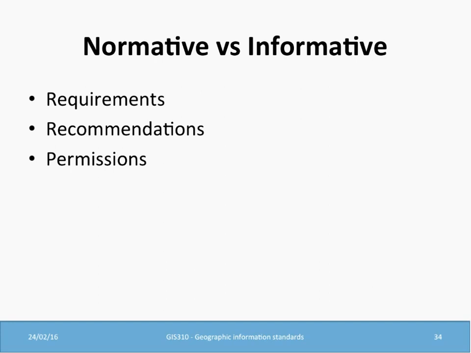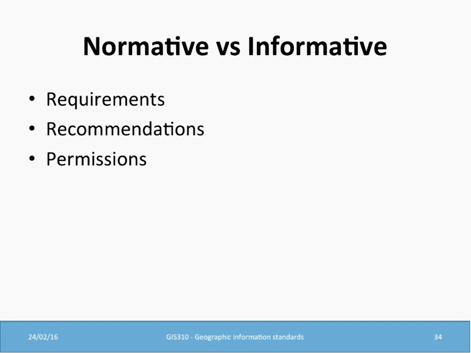Okay, so why is there a difference between national and international standards? Different requirements. So if you think of the whole addressing one again, what one country needs and what another country needs are different. So that's why they are looking for different things.